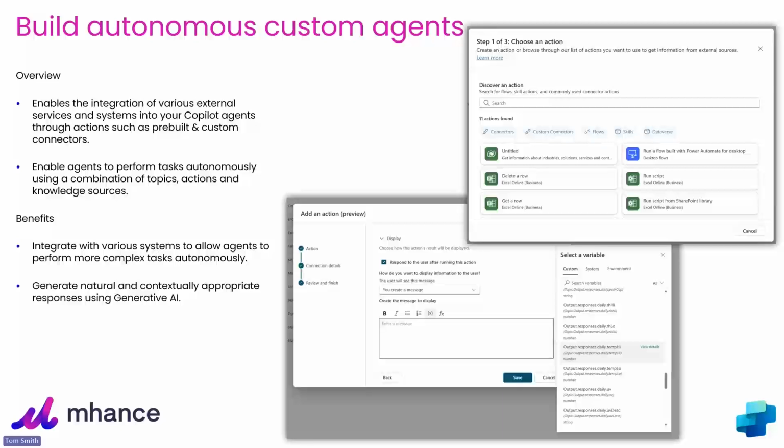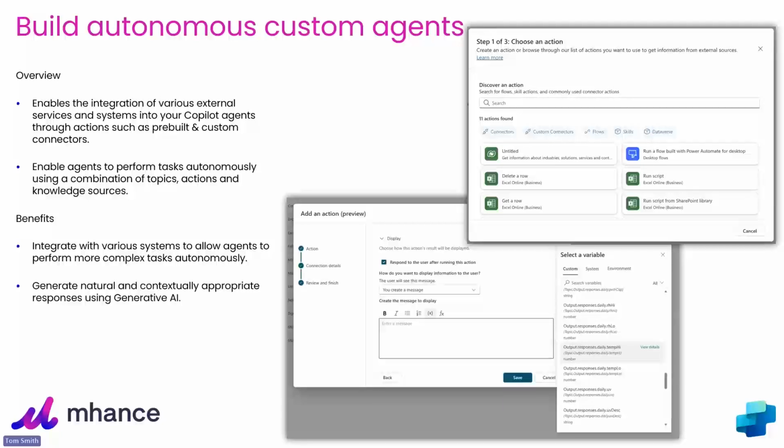So in the top screenshot here, you can see how we've got different connectors, similar to what we'd have within something like Power Automate, where we can go and run a script in Excel, as you can see there, or where we can go and interact with Dataverse, get records, list records, update a record. We can use other connectors such as Outlook to send emails or send Teams chats.